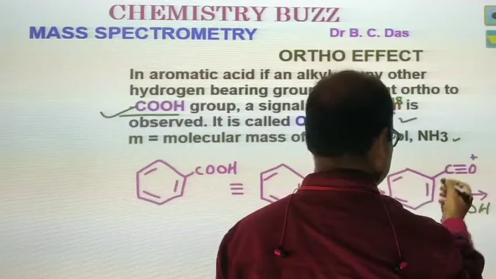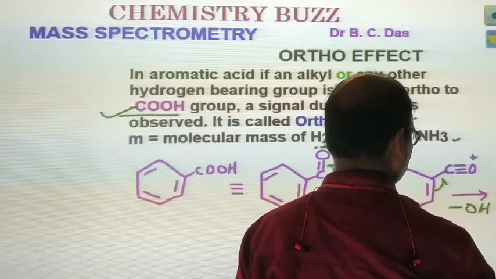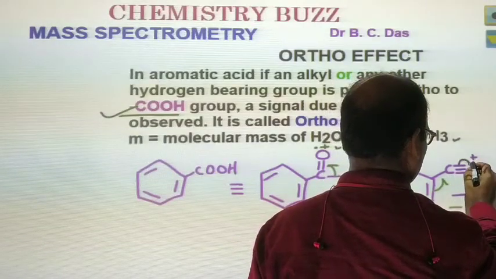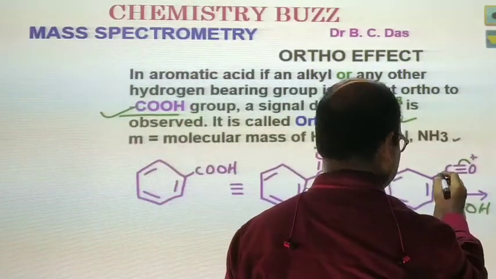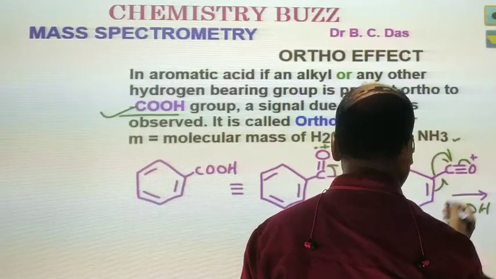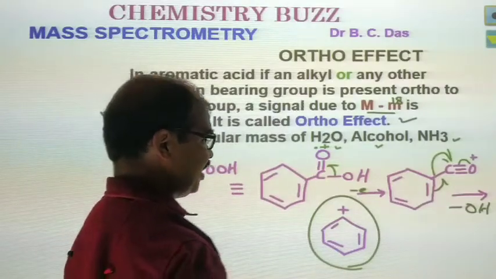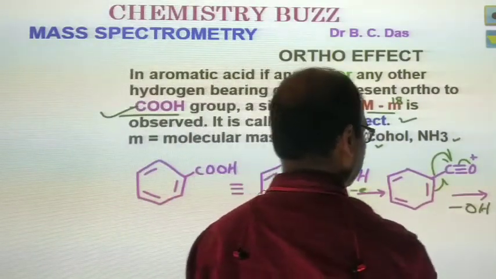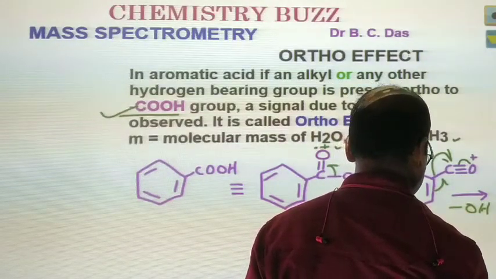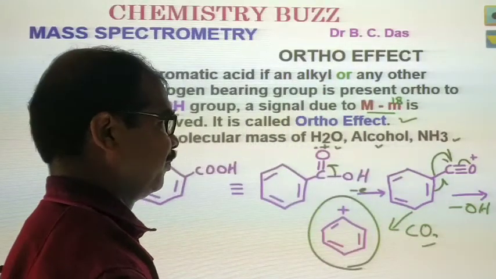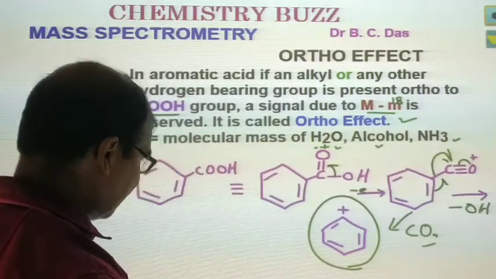In the subsequent step, this bond polarizes in this direction and this bond polarizes in this direction, or this is fragmented with removal of carbon monoxide, and this benzene carbocation is formed. So in this step, a carbon monoxide molecule is removed. This is the fragmentation pattern of aromatic carboxylic acids.